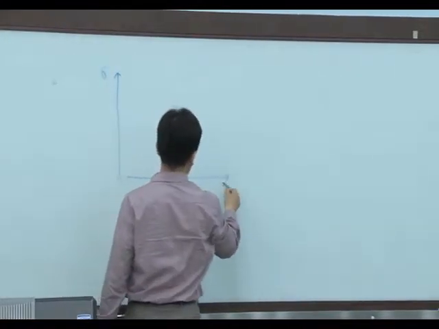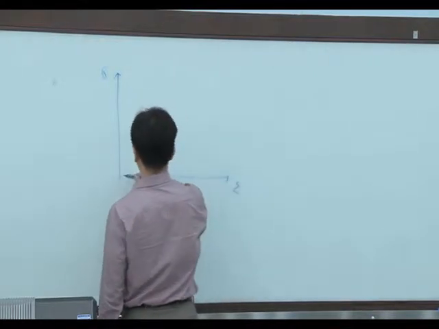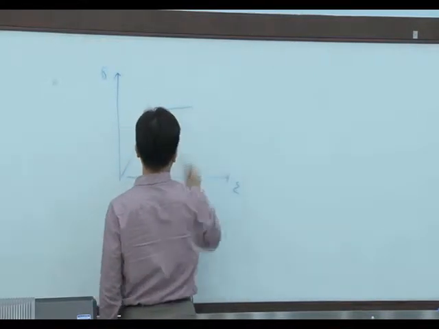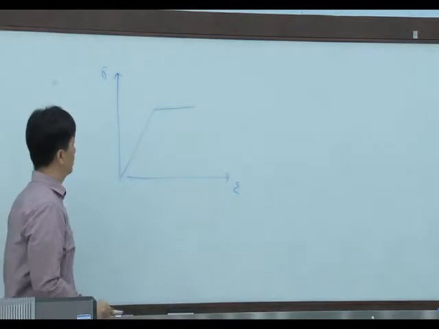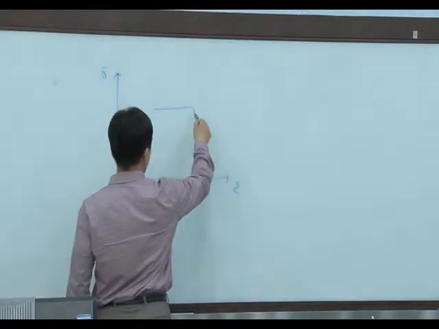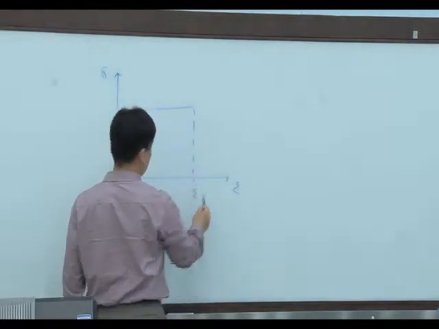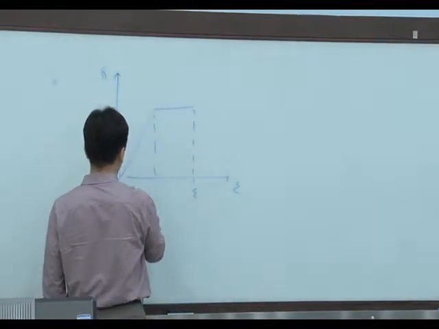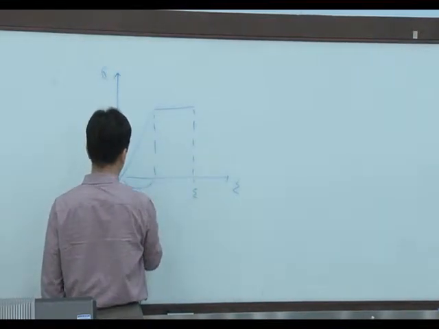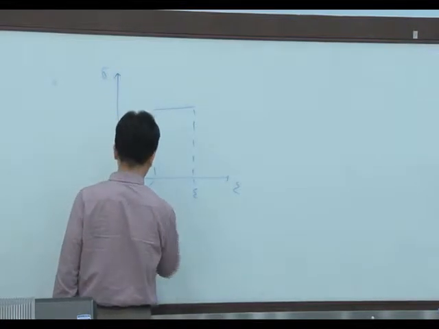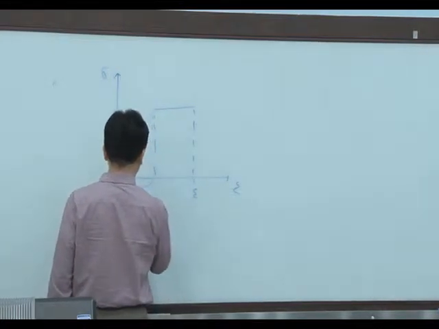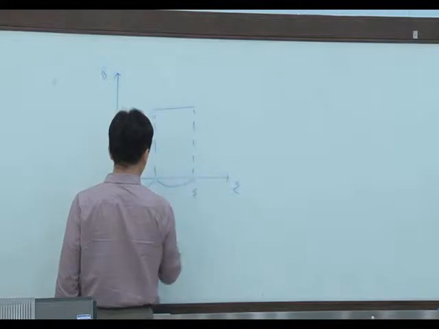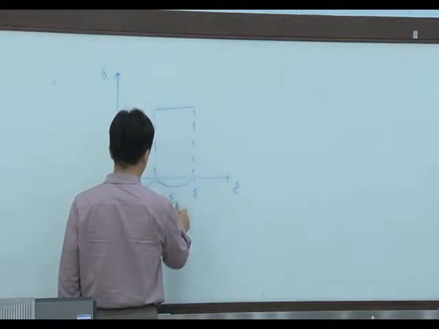Stress, strain. Let's say this is the total strain, E, equal to the elastic strain from here to here, E_E, and this is the plastic strain, E_P.